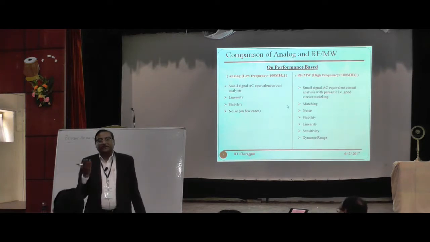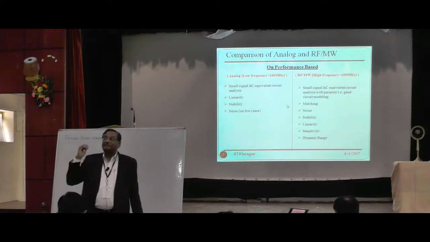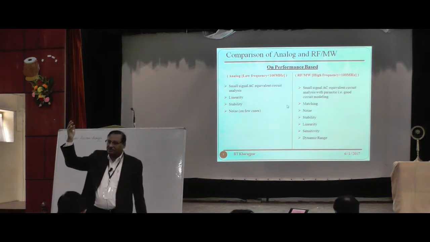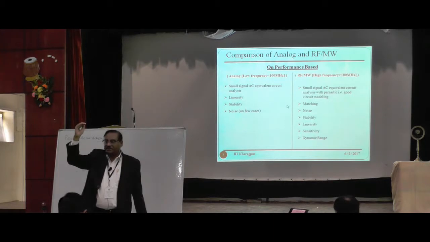So for defining any receiver, two things are important. One is the minimum signal strength that you can detect, which is defined by its noise floor, and the other is the maximum signal it can faithfully transmit or receive, which is called the linearity.